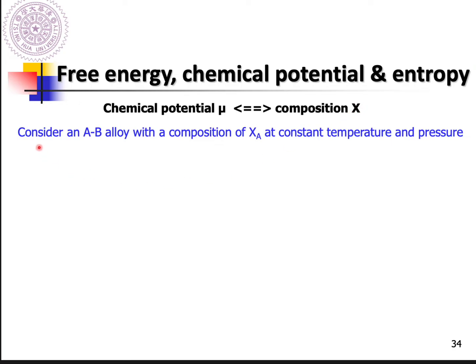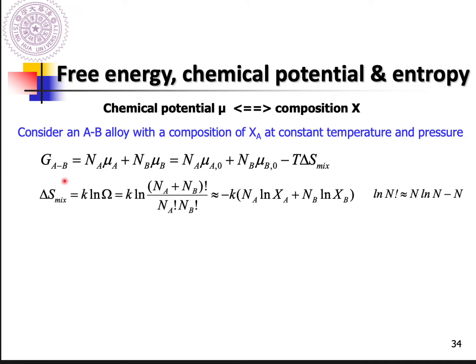So now you consider an alloy with a composition XA. XA is the atomic fraction, so it is located between 0 and 1 at constant temperature and pressure. So the composition of B will be 1 minus XA, right?